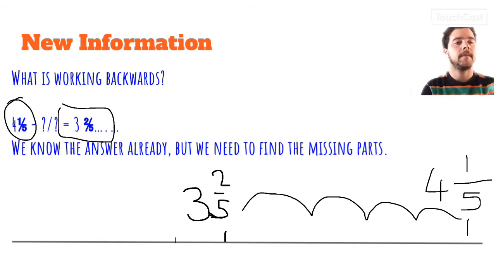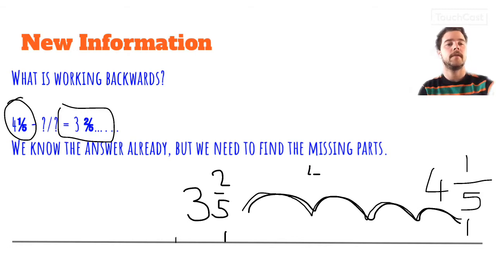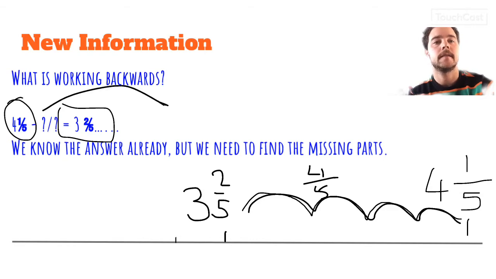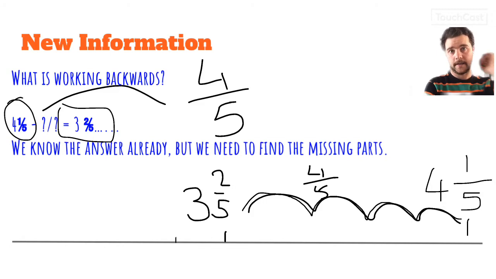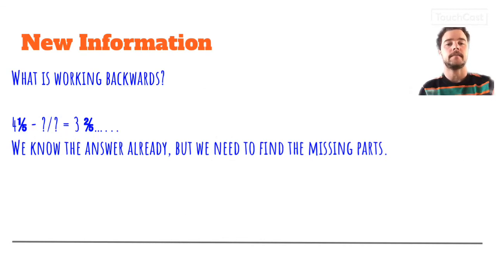So what did I count down by? 1, 2, 3, 4. That was 4/5 all up. So I know the answer to this is 4/5. I worked backwards. I started from the answer of the question and I went backwards. That could be a strategy you could use today.